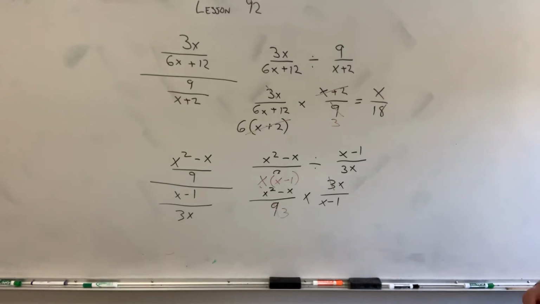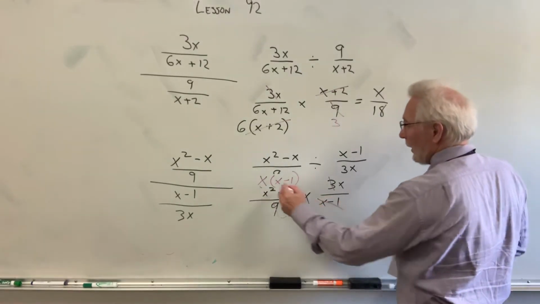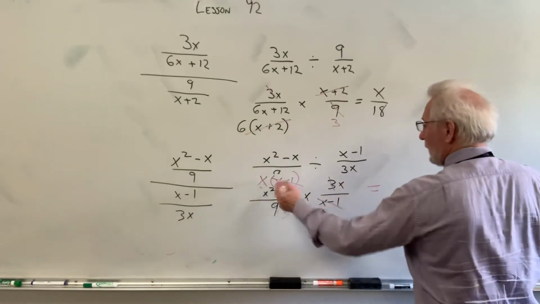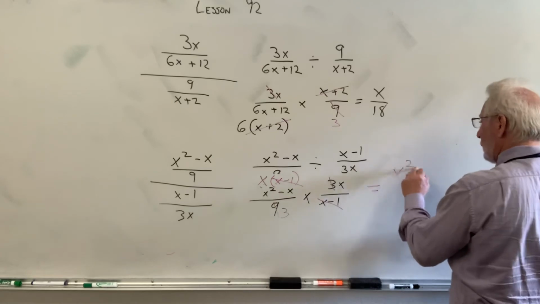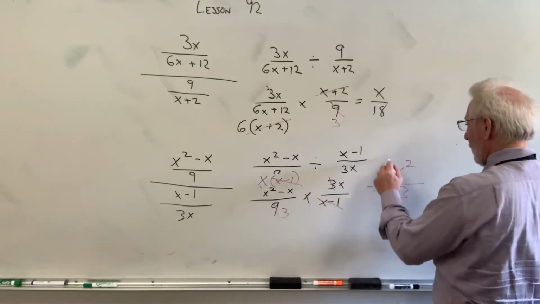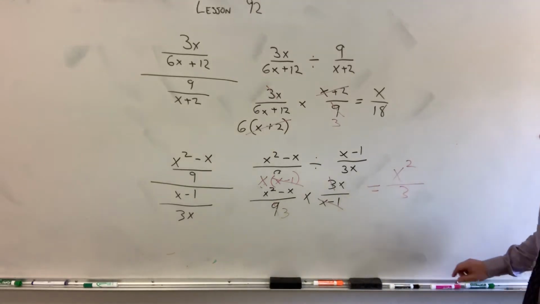Now, see any more reducing? Oh yeah. This goes away, and on top we are left with x times x is x squared, and down here we get just good old-fashioned 3. I know it's a different color there, but it's x squared over 3 if you got that one correct.